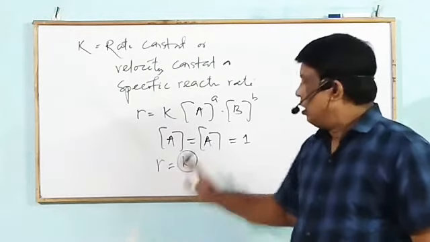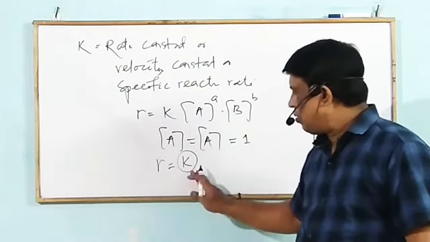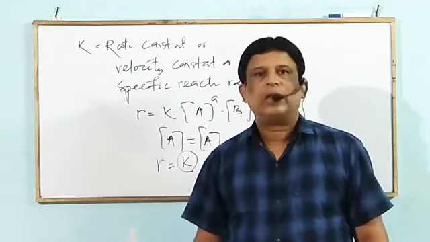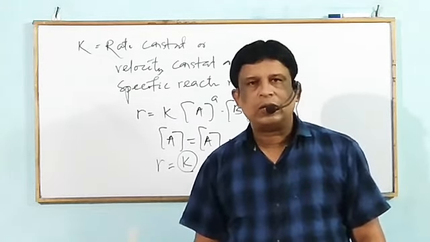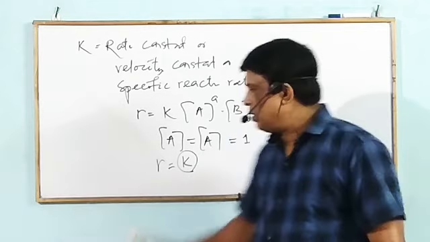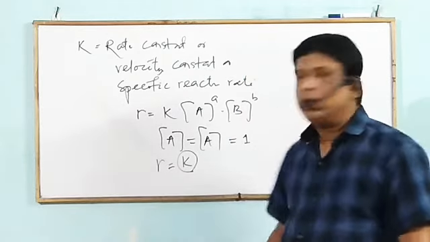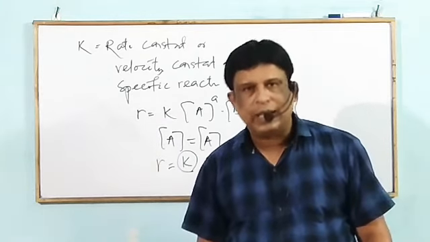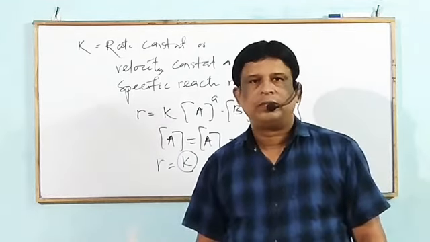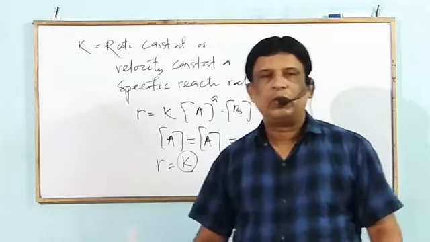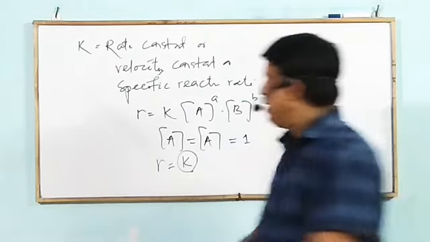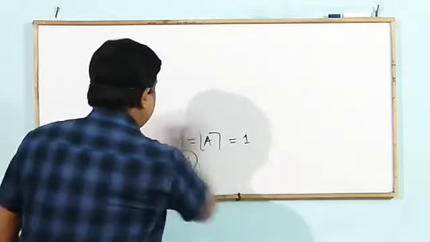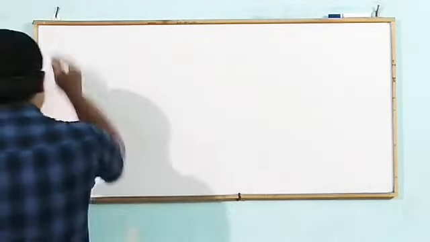That means the rate constant or velocity constant may be defined as the rate of reaction when the concentration of all reactant species is unity. Then we go through the characteristics of rate constant.